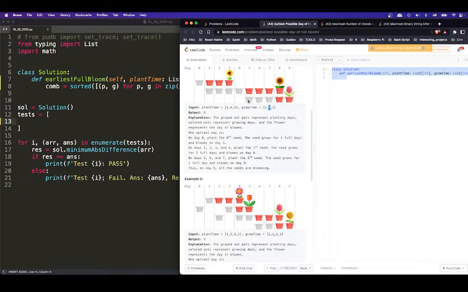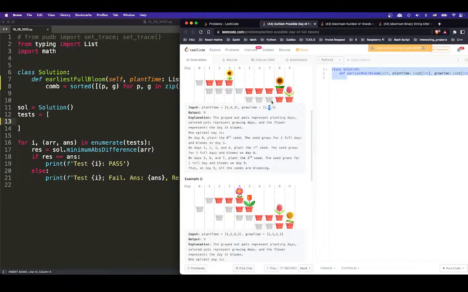So it'll be plant 1, and then we do 2, and then we'll plant 2. So actually, we have to try this. This idea might not be right if we cannot even pass the first test case. So here we're saying, all right, what we're doing is we are wasting 4 days.